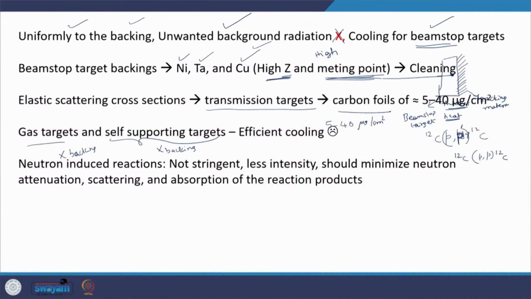Continuing the discussion, after charged particle induced reactions, now it is time to see some points related to neutron induced reactions. Charged particle reactions play the main role in the synthesis of elements before iron, and after iron it is the neutron induced reactions. What are the considerations for the backings and target materials for neutron induced reactions?